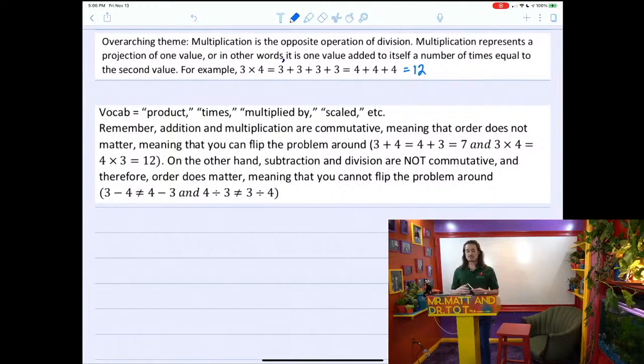When we multiply, remember we want to start by rewriting everything in a vertical orientation, and then you're going to be going digit by digit from the bottom number. The bottom one digit times the top one digit, bottom one digit times the top tens digit, bottom one digit times the top 100 digit, bottom one digit times the top 1,000 digit, and then you go forward on the bottom number.